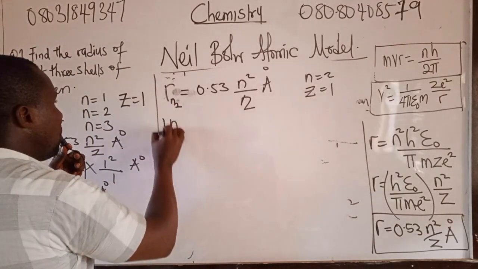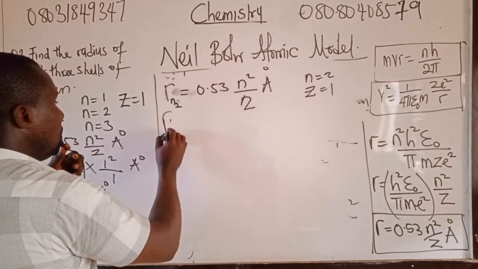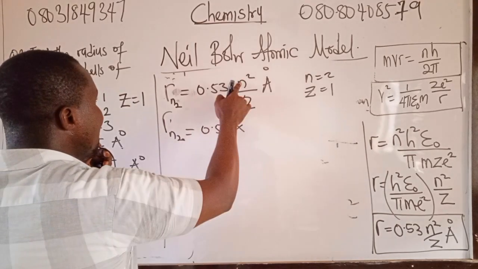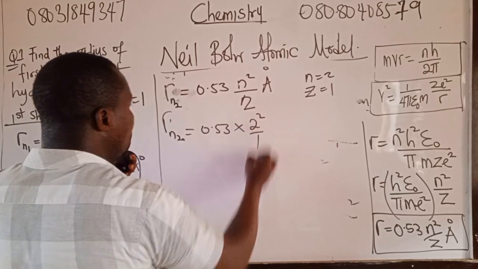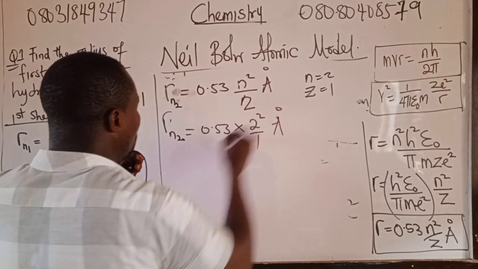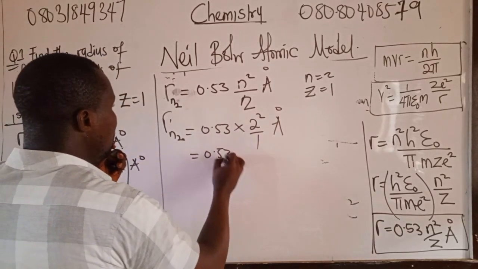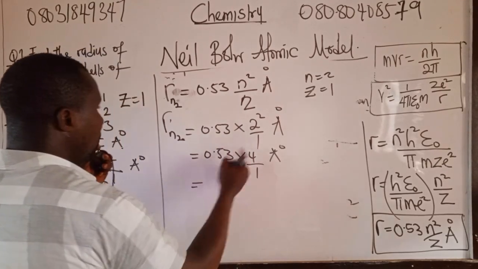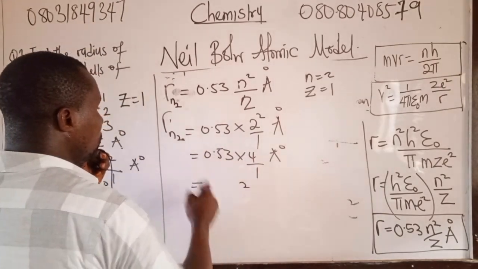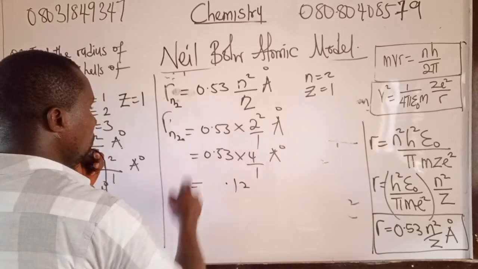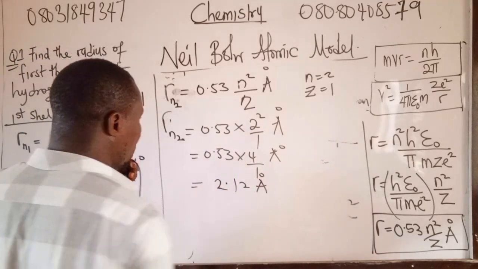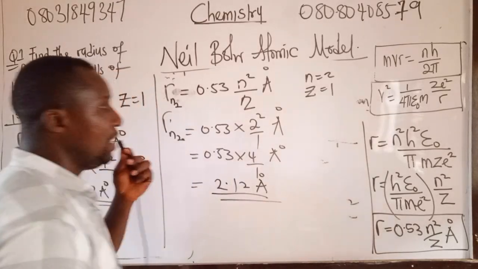We have the radius of the second shell equal to 0.53 times 2 raised to power 2 over 1 Angstrom. That is 0.53 times 4 over 1, which gives 2.12 Angstrom. Take note.